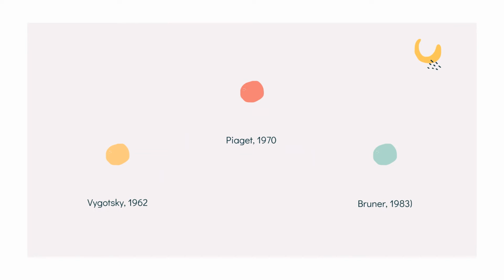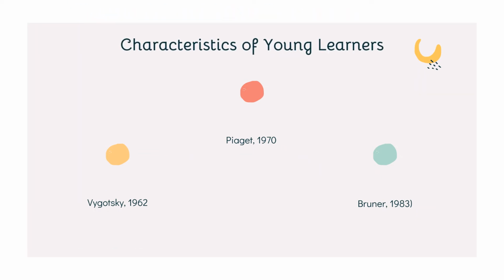Well, now we learn about the concept and characteristics of young learners. From Piaget in 1970, children are active learners and thinkers, which means that children learn through making sense of the world. Here, the children learn from their environment, they experience things related to their environment, so how do the teachers here relate the lesson to their environment?